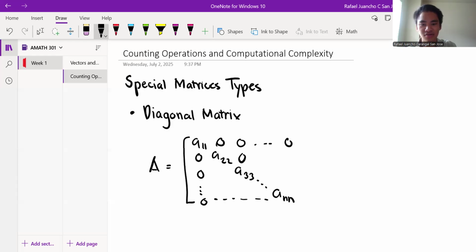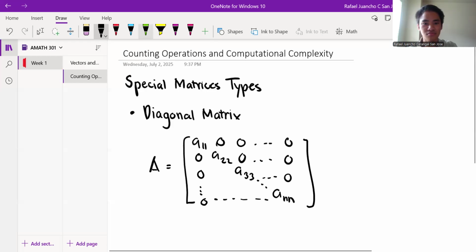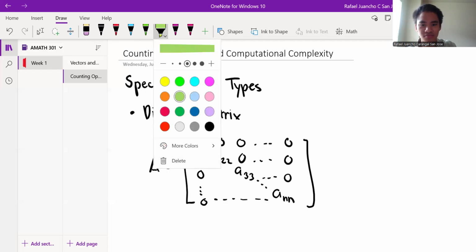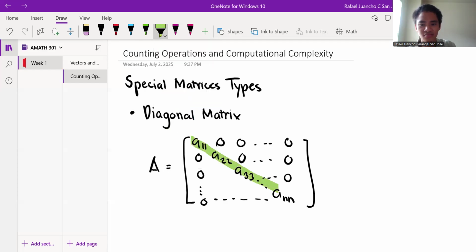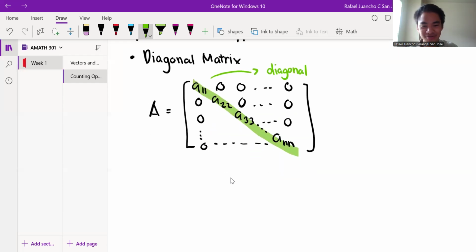So the idea of a diagonal matrix, if I pull out my highlighter, it's basically this thing, right? So that's what we call the diagonal. That's why it's called a diagonal matrix.